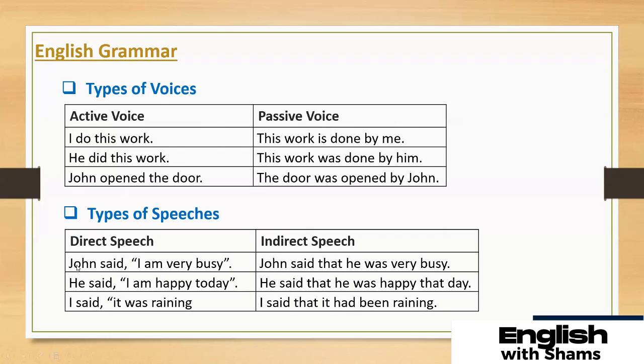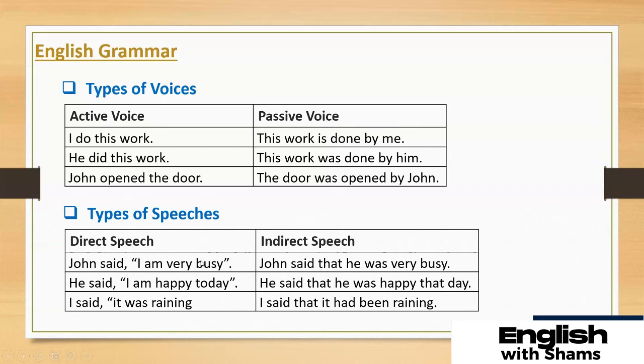So a direct speech example: John said, "I am very busy." Right? With quotation marks, you can see here the quotation marks are used. And then in indirect speech, the same can be expressed as John said that he was very busy.